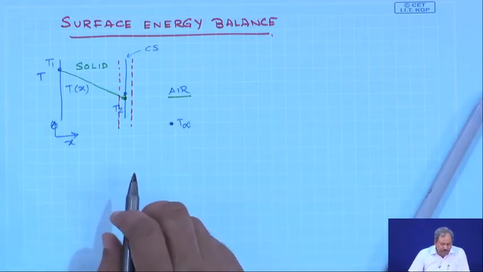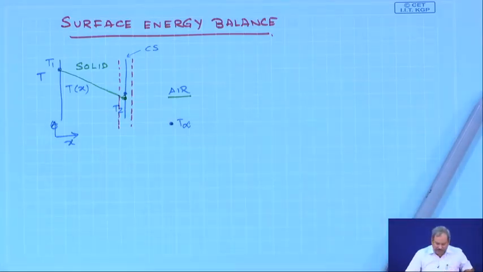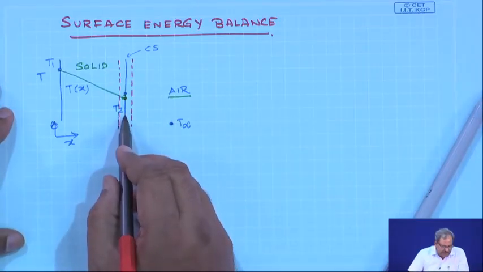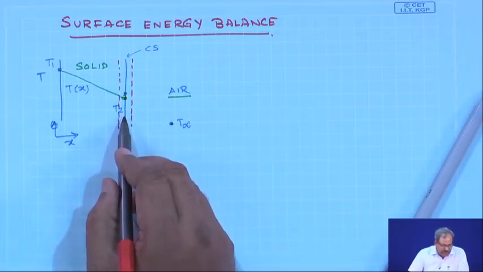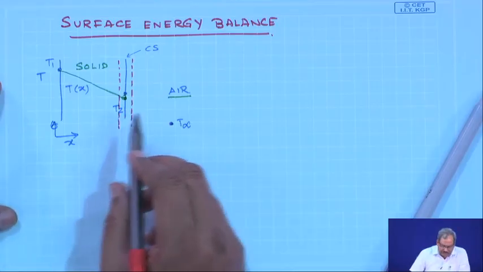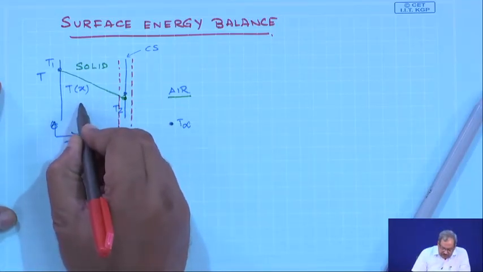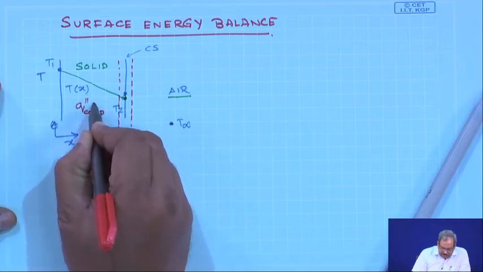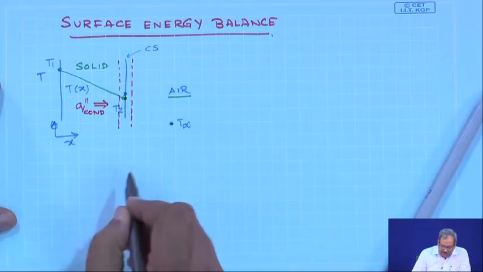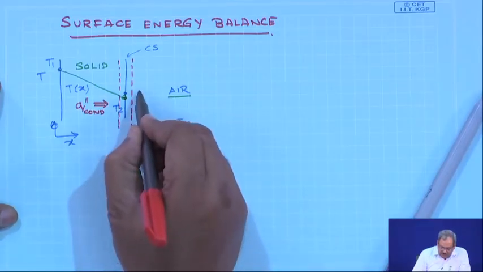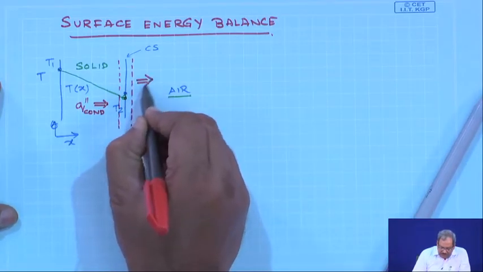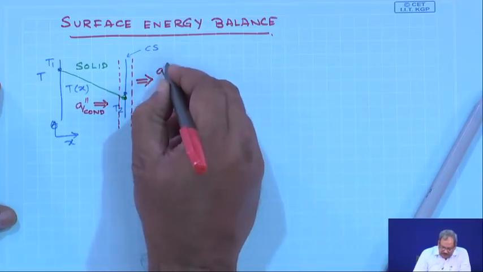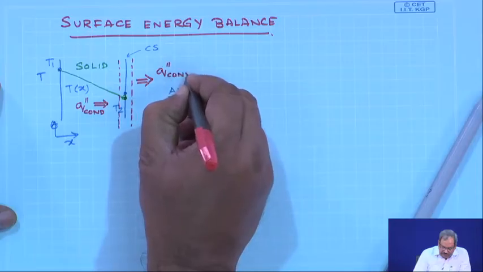So, the red line simply denotes that this is my control surface. Okay. So, you are going to have q double prime conduction which is moving towards the control surface, and over here from the control surface the heat is going towards air by q double prime convection.